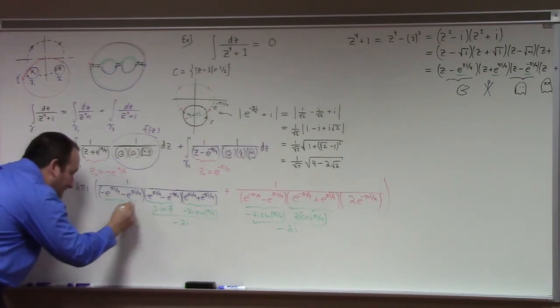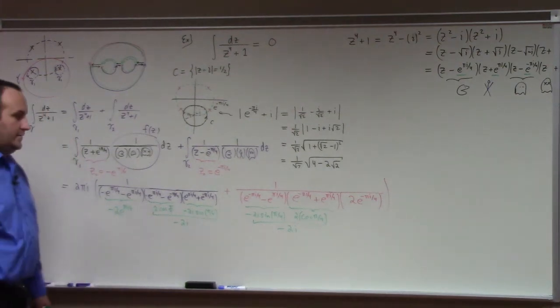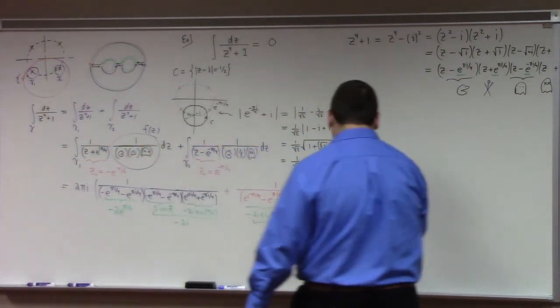This is what? Minus 2e to the pi i over 4. Let's see here.